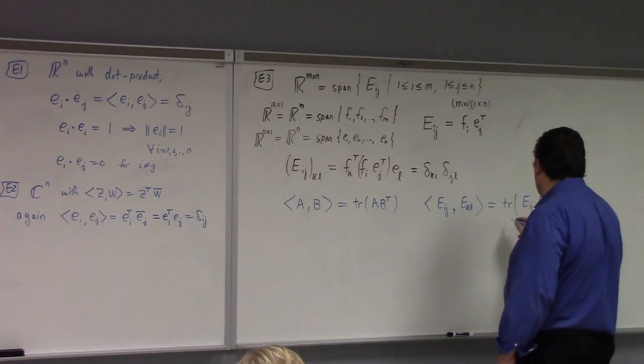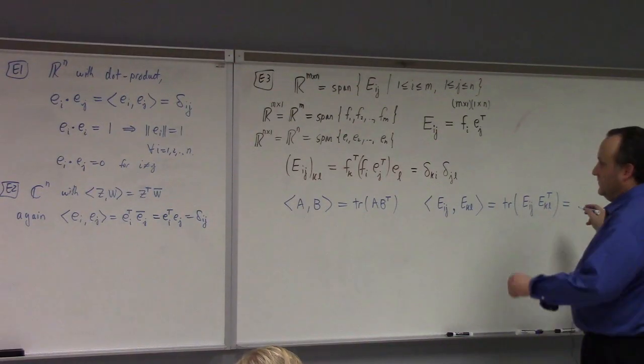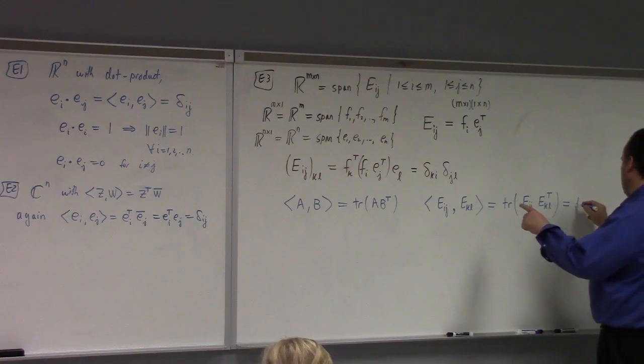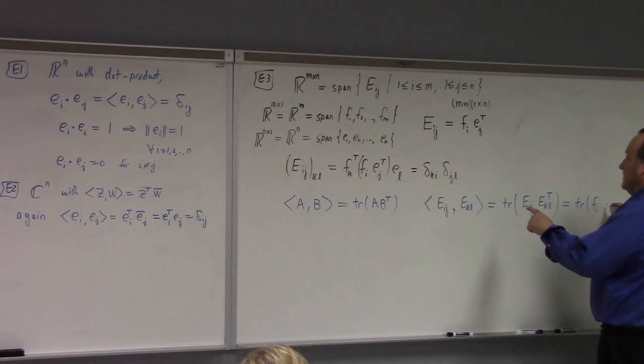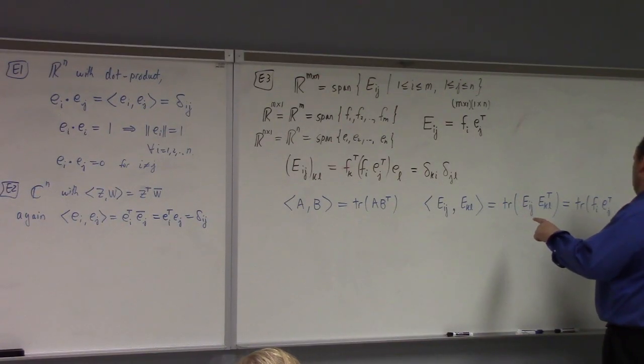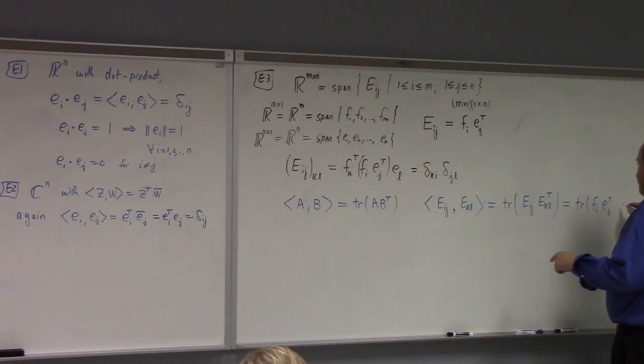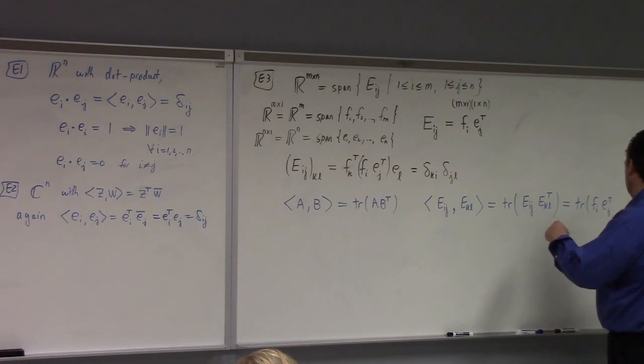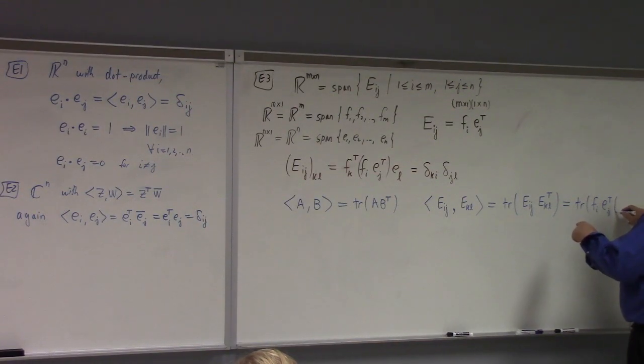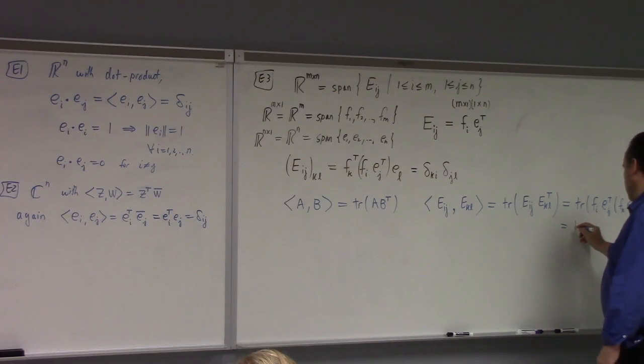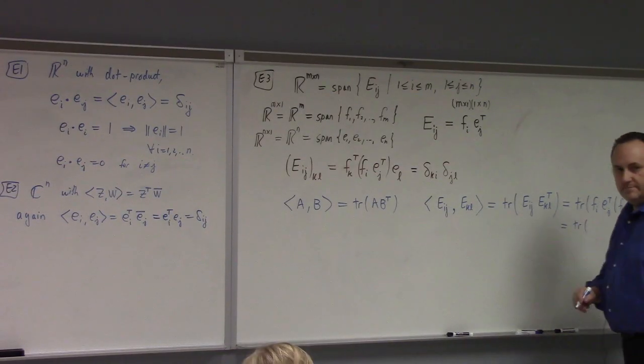At this point, I'm going to use my construction of it. So that's f_i e_j transpose, and then I have f_k e_l transpose, which gets transposed. All right, so that's the trace of what?